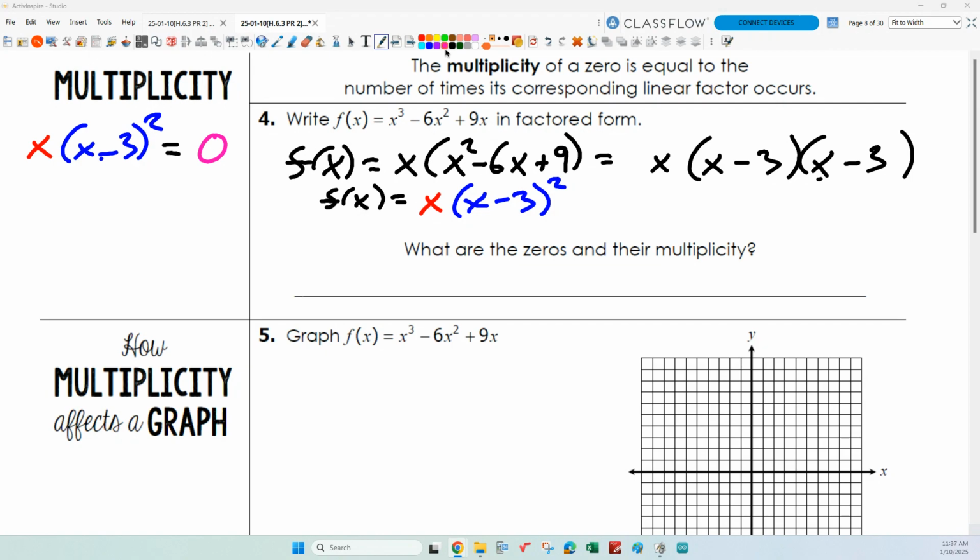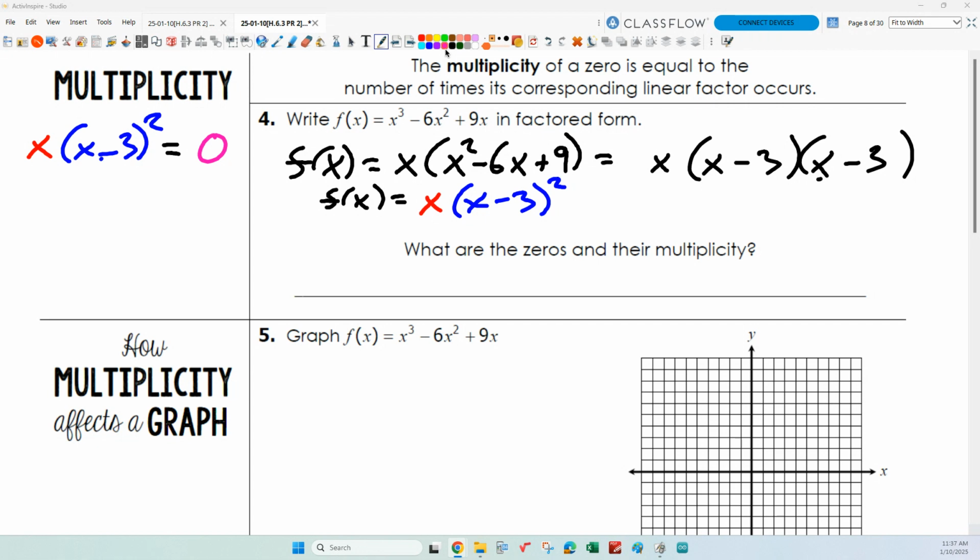I have to multiply by 0, exactly. So the zeros of each of those factors are going to be the places where that product equals 0. I want to find the values of x that would make each one of those individual factors equal to 0 so that I could multiply to get 0.